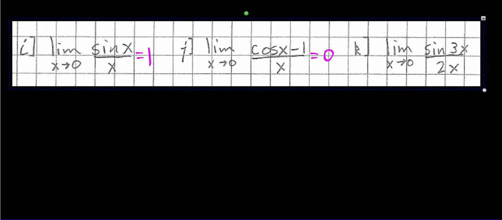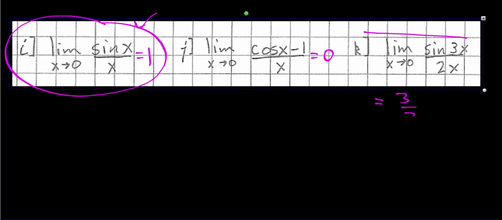Now, built on this, we get limits like this one right here. And what we can do with this is there's some manipulation that we can do to get this to where we can use this limit right here. But here's what you need to remember. You've got, notice, sine 3x over 2x. That limit is just going to be 3/2.